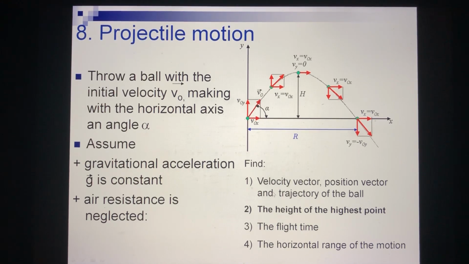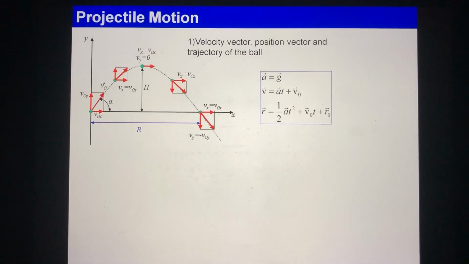The first one, velocity vector of the ball at any moment. Then position vector and trajectory of the ball. The next one is the maximum height, and then the horizontal range, and finally the flight time. So we move to the next slide to calculate it.